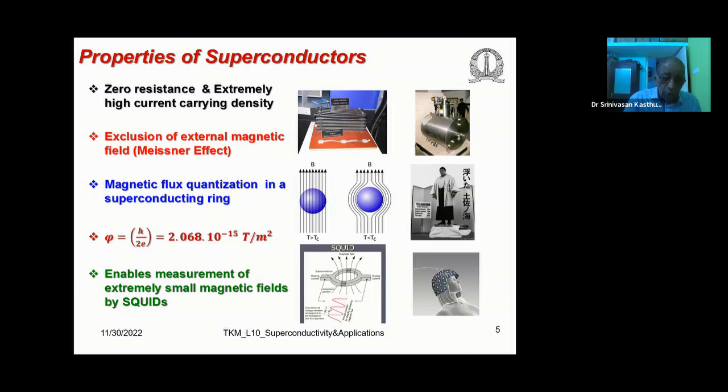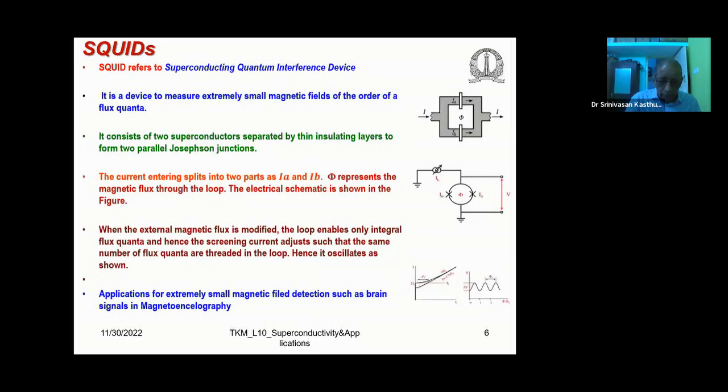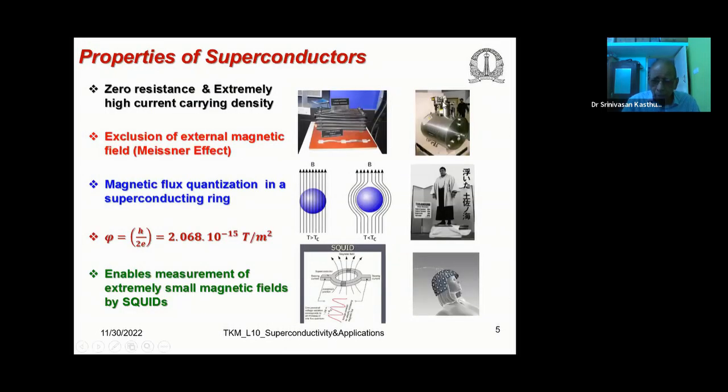Okay, let's go to the next one. There are some applications shown here. For example, you can have a superconducting magnet.